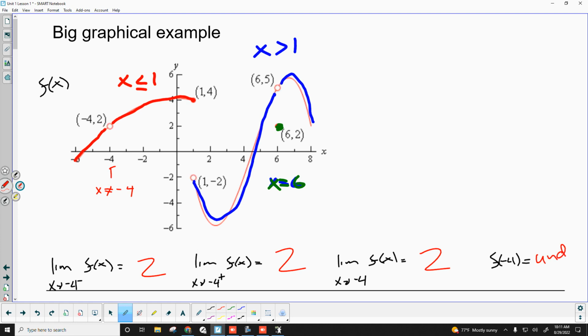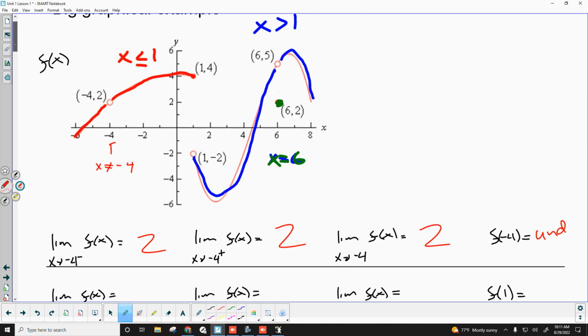I would accept either answer, however, on your quiz. Function values are defined or undefined. Limits exist or do not exist. Okay? We don't have a point at -4, but really close to -4, I'm approaching that location. Holes have limits.